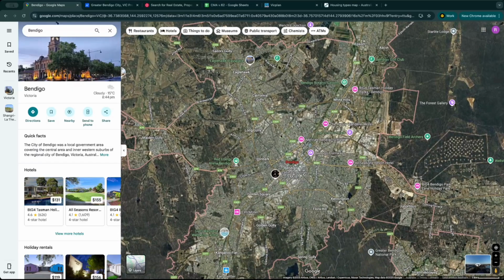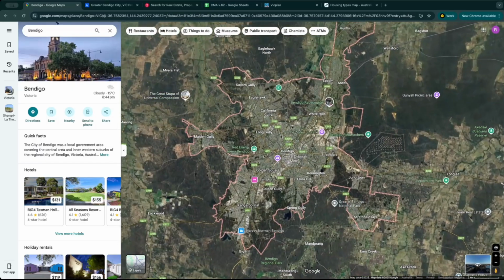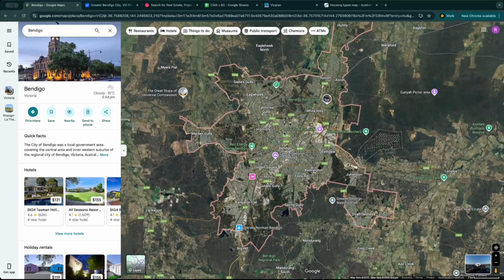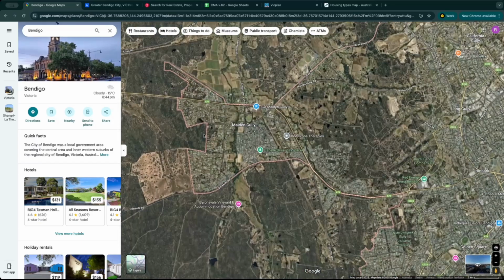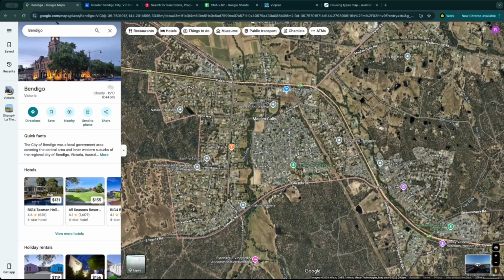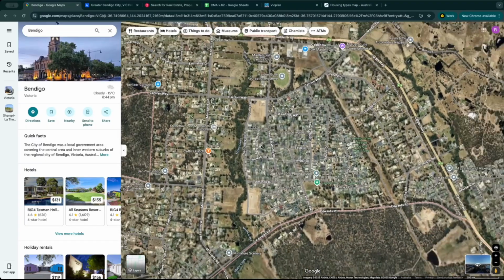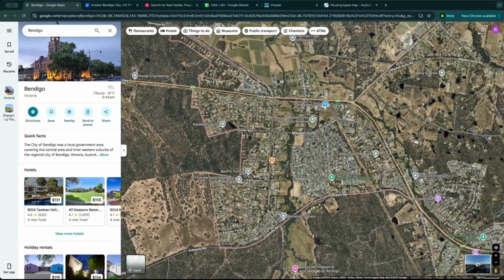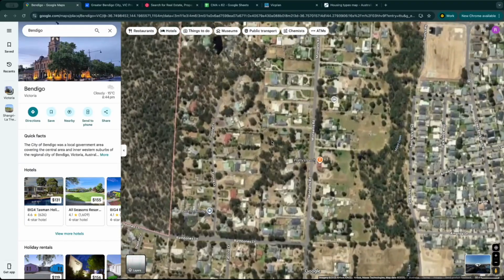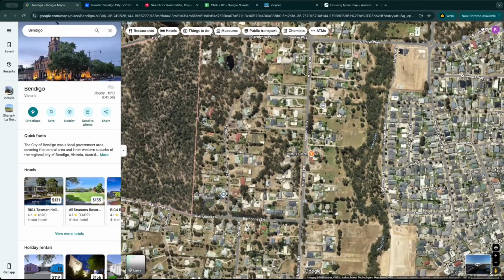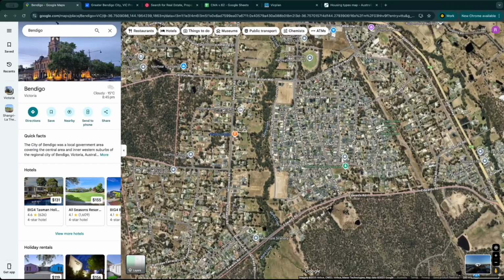So immediately, just off the bat, there are some locations that I would probably not even consider looking into. It's mainly going to be locations on the outskirts or where there's a lot of potential supply concerns. So if we look into areas like Maiden Gully, for example, there's no real immediate supply concern. A lot of these properties are on really large plots of land. They're probably going to be quite expensive as well.